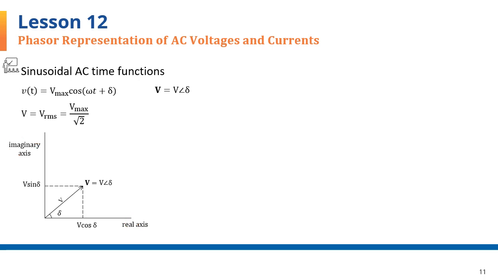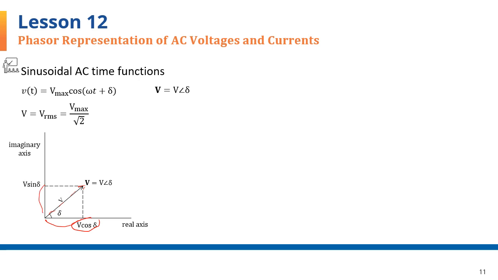The real part is the horizontal component of the phasor, which equals v times cosine of delta, this line segment here. And the imaginary part of this complex representation would be the vertical component of this phasor here, which would be v times sine of delta.